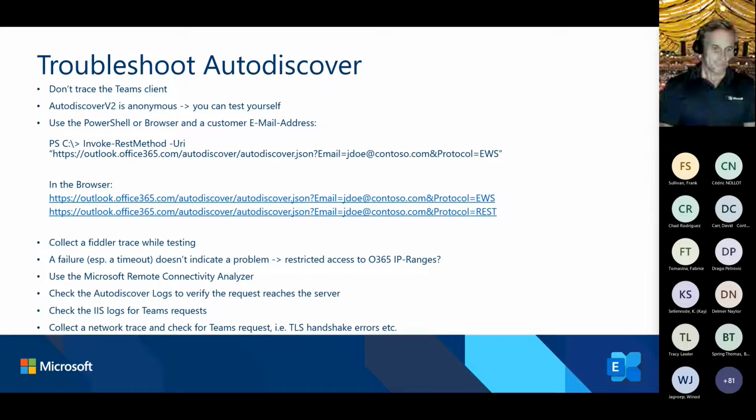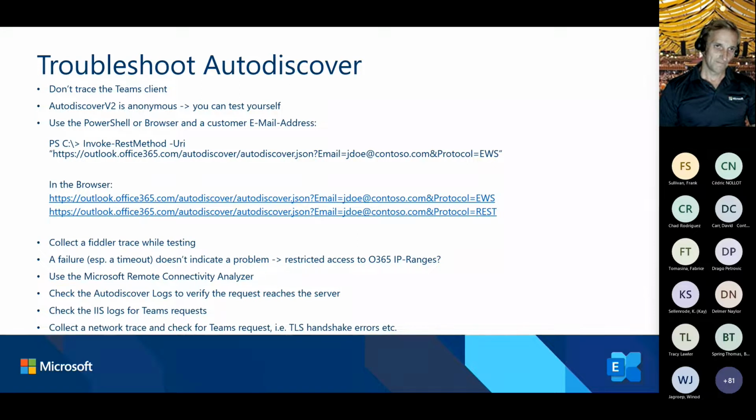How to troubleshoot Autodiscover issues? Since the Teams client doesn't do any Autodiscover, it's all done by the backend servers. It's useless to trace on the Teams client using Fiddler or using the Teams logs.